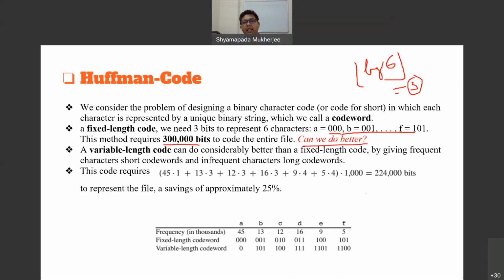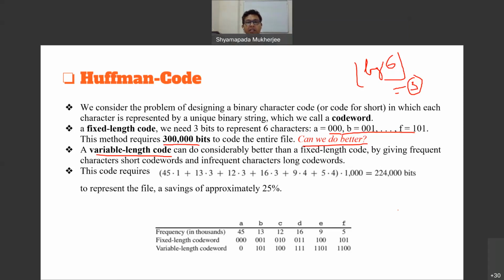Can we do better? Is there any other option so that the number of bits we use to encode the entire file is lesser than these 3 lakh bits? So we can use a variable length code word. The idea is that a character which is very frequent, or which appears many times in the text, is represented by a smaller number of bits, and a character which is infrequent can be represented by a larger number of bits.